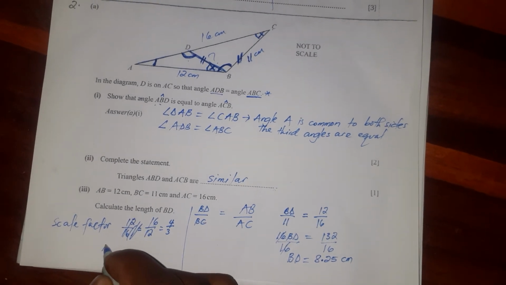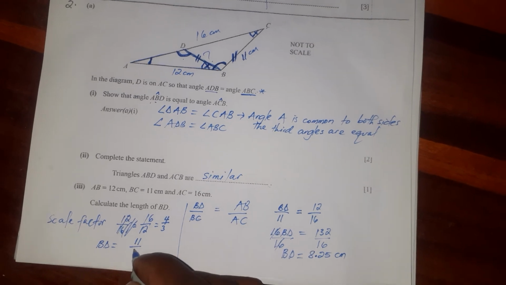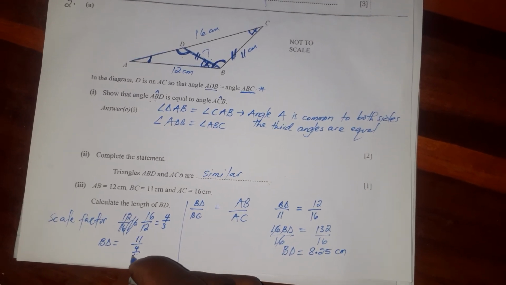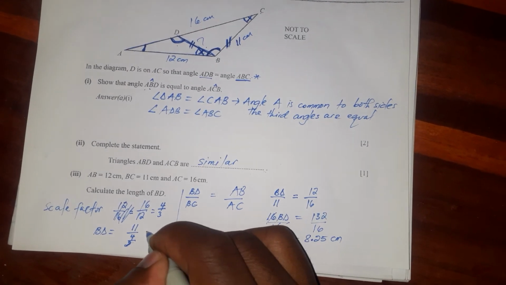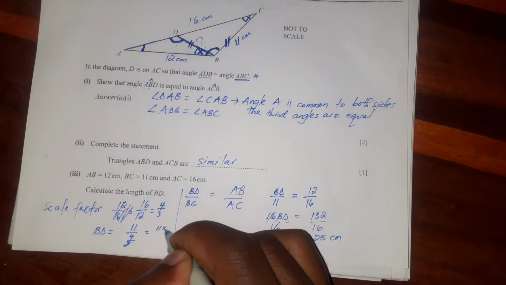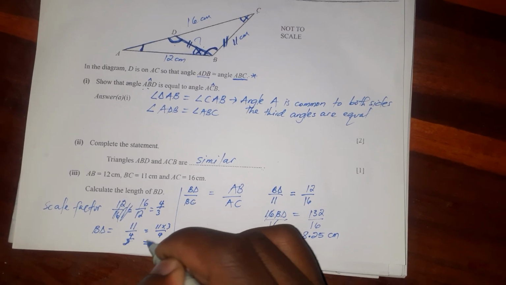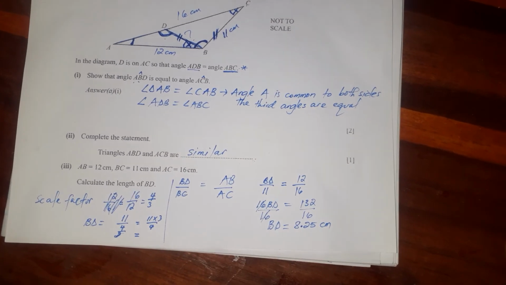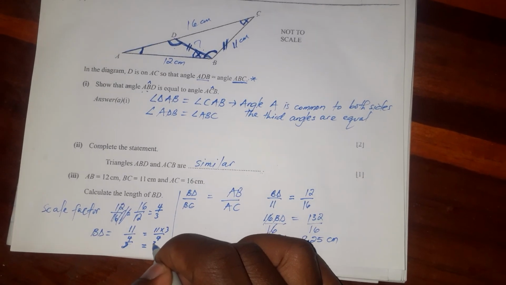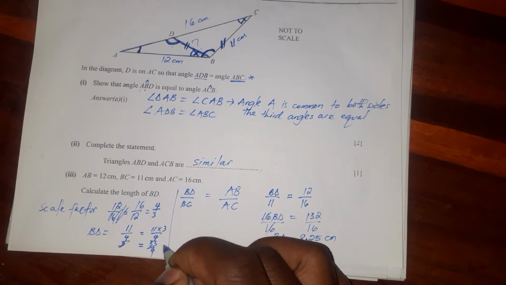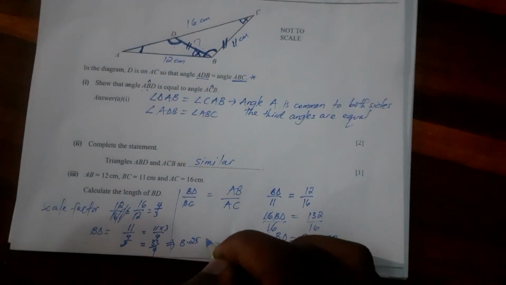Then we are going to write that BD is equal to 11 over 4 over 3. That is same as saying 11 times 3 over 4, the reciprocal, and then we are getting 11 times 3, that is 33 over 4, which is also equal to 8.25 centimeter.